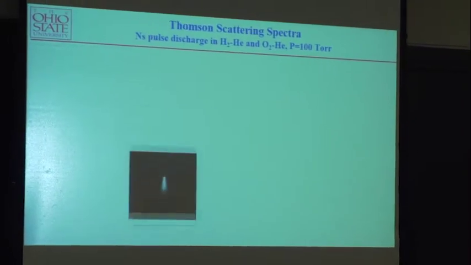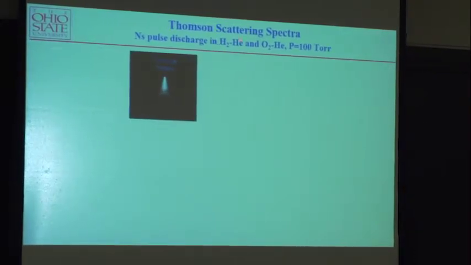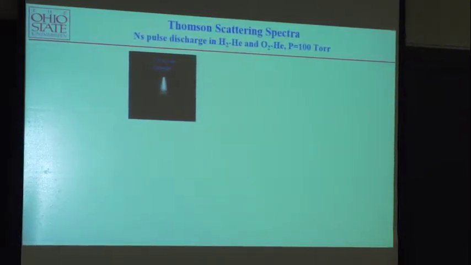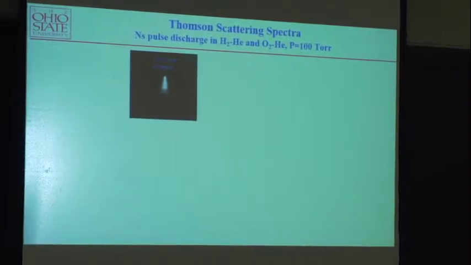So the next thing you can see is the Thomson scattering measurement of a nanosecond discharge in a hydrogen-helium system at 100 torr. We always use low pressure because the plasma is more diffusive, allowing enough spatial resolution to measure the local temperature and the electron number density.